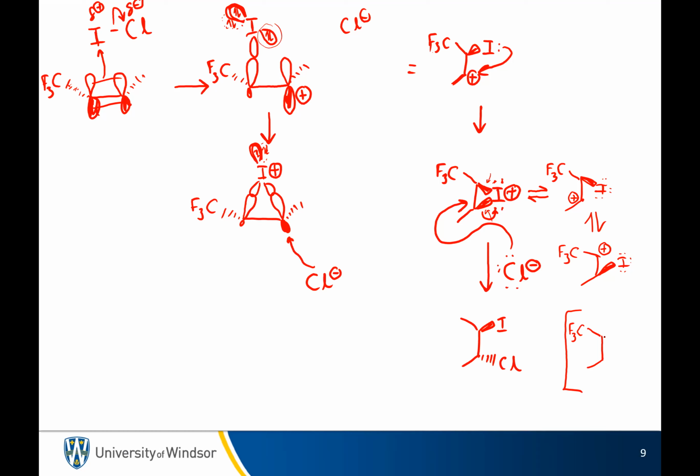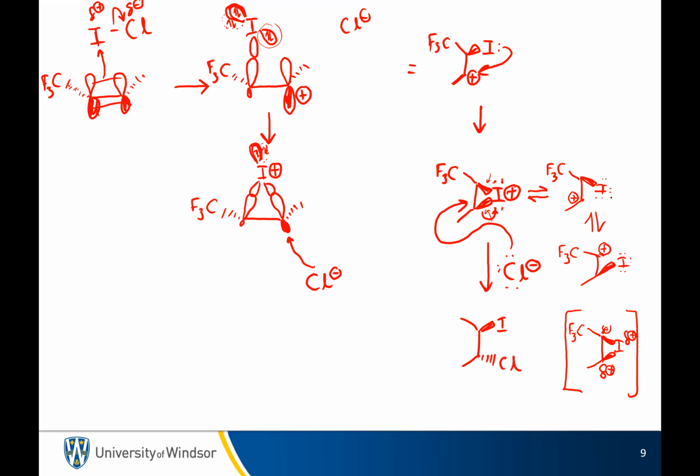And we're trying to stabilize this charge. And so if we do that, we can kind of think of what this molecule looks like. There's quite a big positive charge on the iodine. There's a decent sized positive charge on that carbon, and there's a very small one on that carbon, because this is really unstable, because it puts the carbon positive charge next to the CF3, which is bad. We don't want the positive next to the CF3.